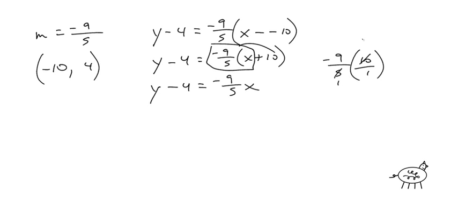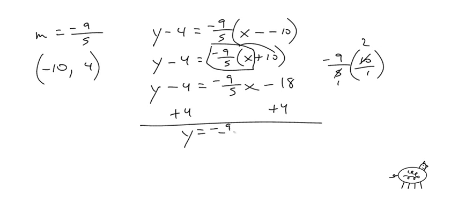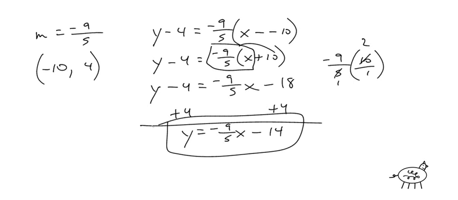That's a 1, that's a 2. So you get minus 18. And then your last step is to add 4. So y equals negative 9/5 x minus 14. Okay, so that is slope-intercept, and this guy right here was your point slope form.